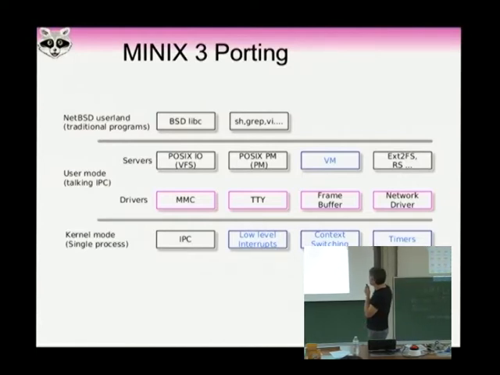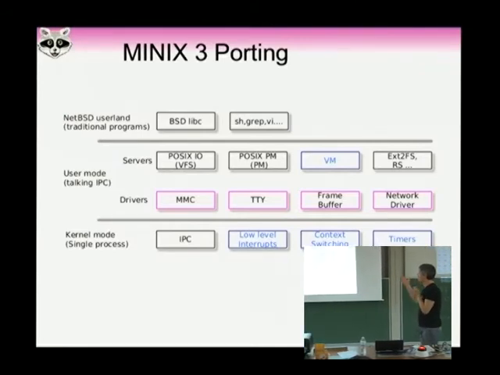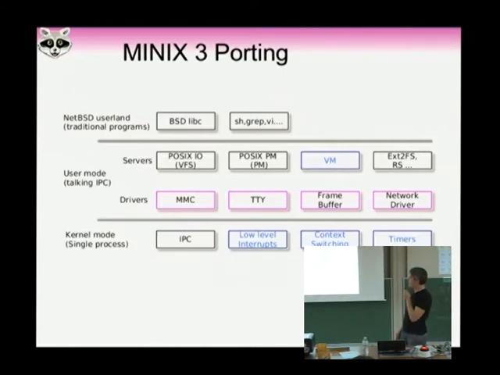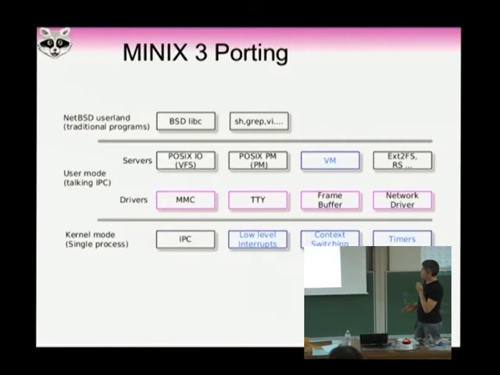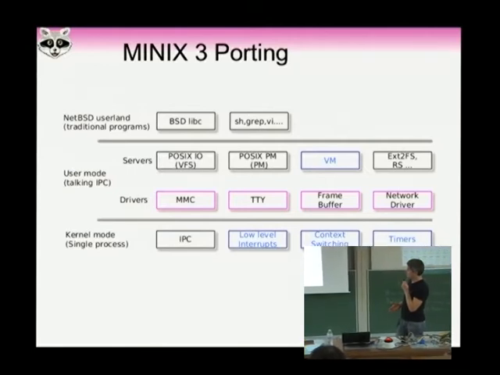So we have different color codings here. The blue things are things that needed to be modified because the kernel is a single thing. So low-level interrupts, of course, context switching, that low-level assembly code had to be changed. Overall, above that, the libc and a lot of things were just unmodified. It's all C code, and so there's a lot of code that was not modified.